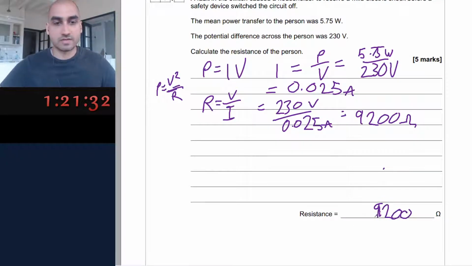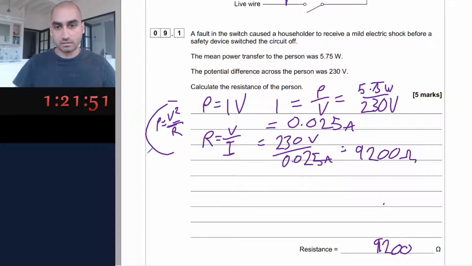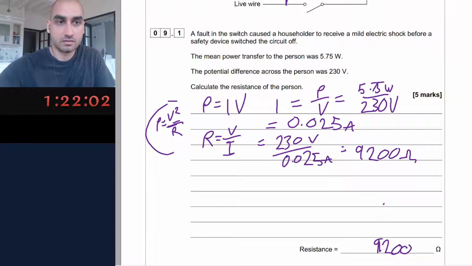There is another formula you can use: I equals V over R, so it would be P equals V squared over R. So 230 squared divided by 5.75 is 9,200. Same. Okay.